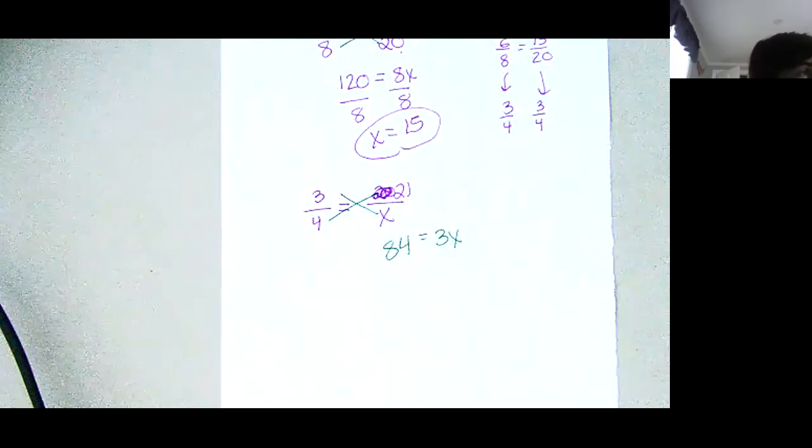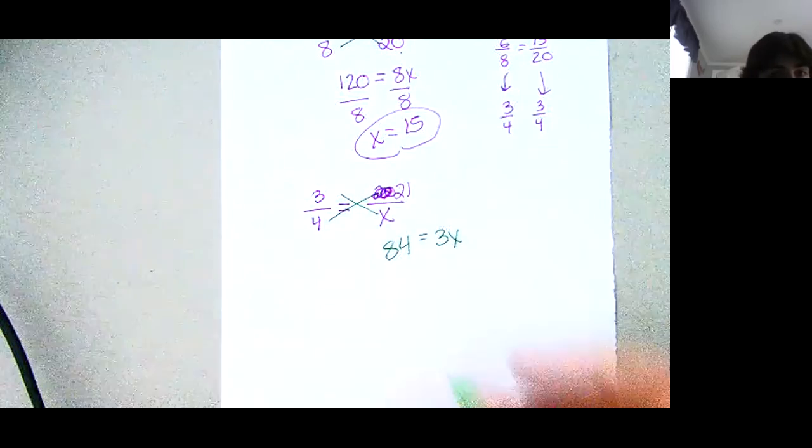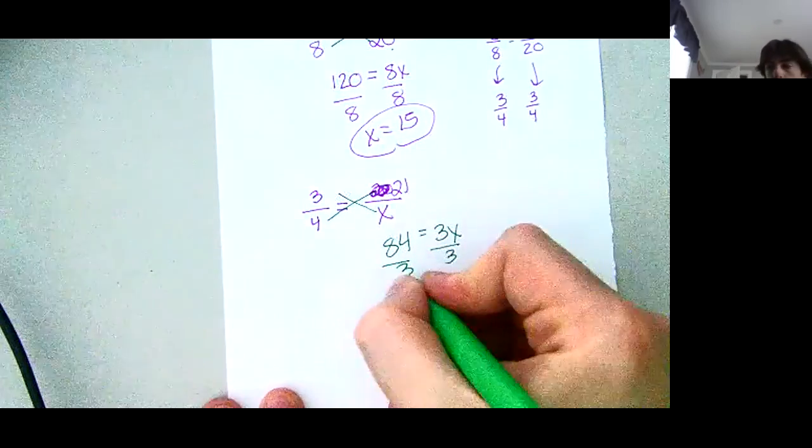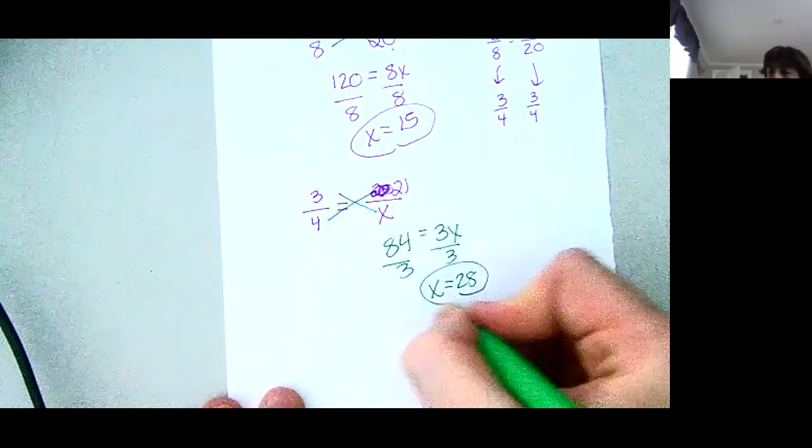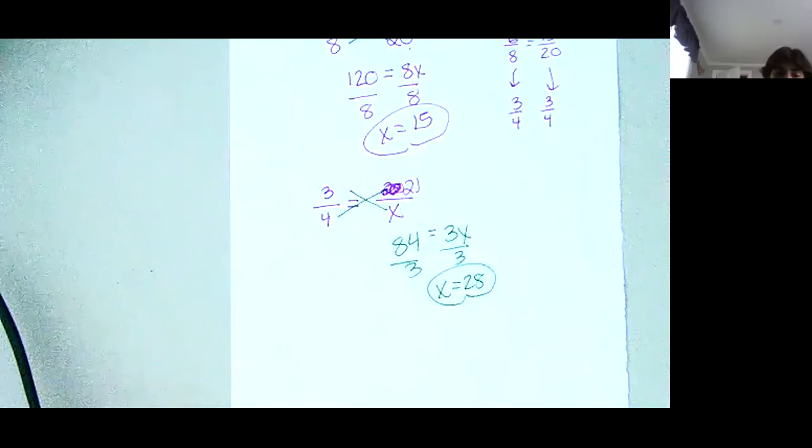And the answer is 28. Shouldn't be 0.5. Did you do 84 divided by 3? I think it should be exactly 28. Then don't say 28.5.